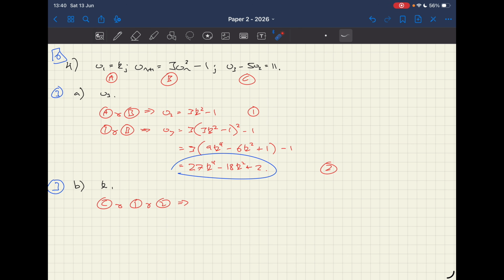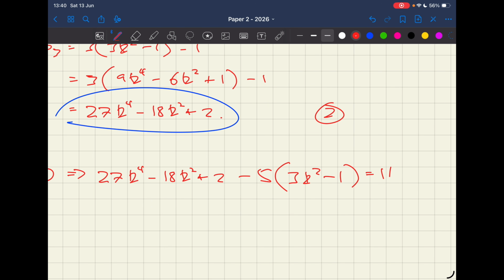All of those things mean then we can fill this in. So the u3 is just this thing we found here. So copy that over. That was u3. So if we take away 5 lots of u2, which was 3k squared minus 1, that should equal 11. This stuff is all the same. Nothing's happened to that yet.